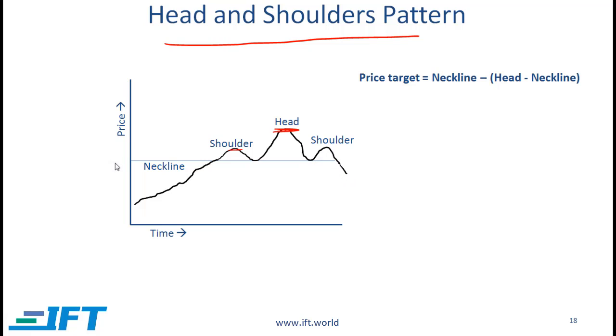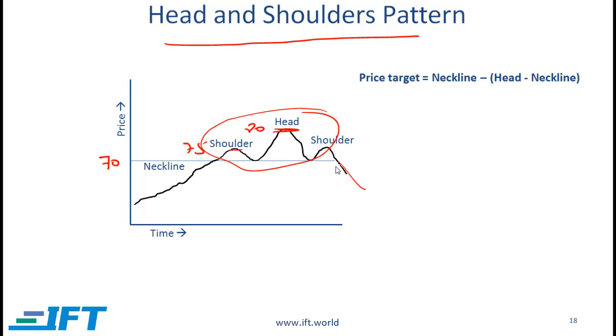Let's say we have a situation where the neckline is 70, the shoulder is 75, and let's say that the head is at 80. According to the head and shoulder pattern, which is a reversal pattern, after this pattern there is going to be a move down.